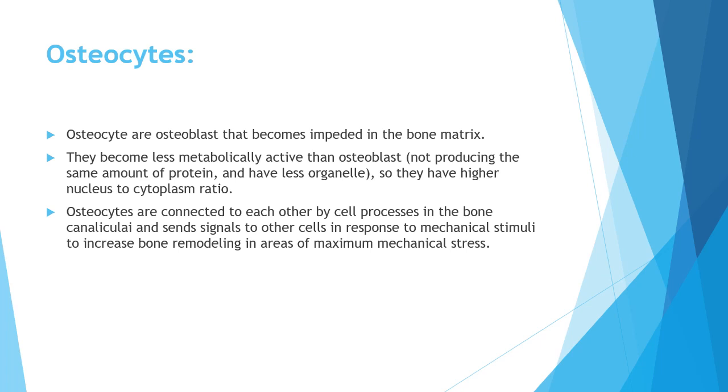And we know that this mechanical stimuli is the basis of the bone remodeling in the areas of maximum stress, as in Wolff's law. So Wolff's law, as we're going to discuss later, tells you about bone formation, and that bone formation is more in the areas that see more stress, and this happens through the connection between the osteocytes and the signals transmitted between the cells through the osteocyte processes. So now we spoke about the 3 cells of the bone: osteoclast, osteoblast, and osteocyte.